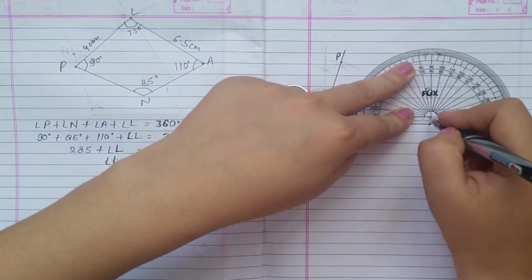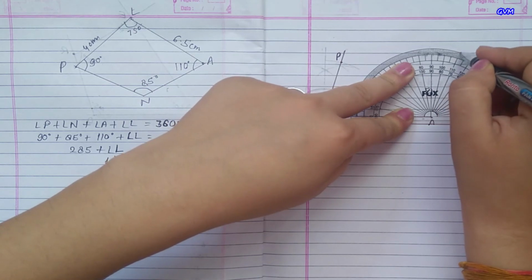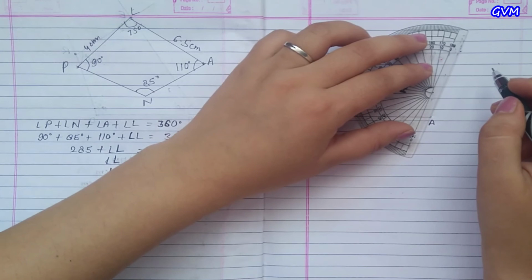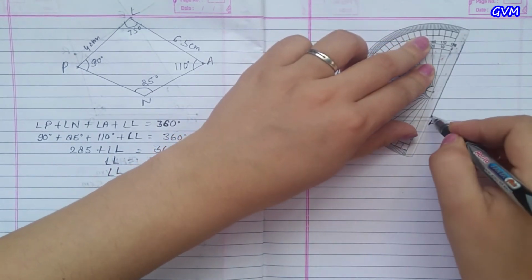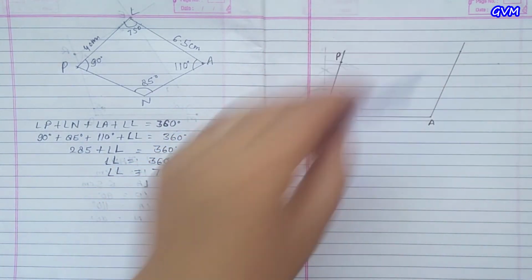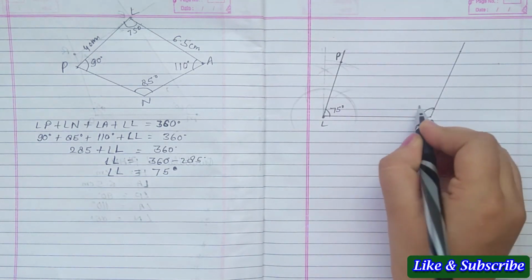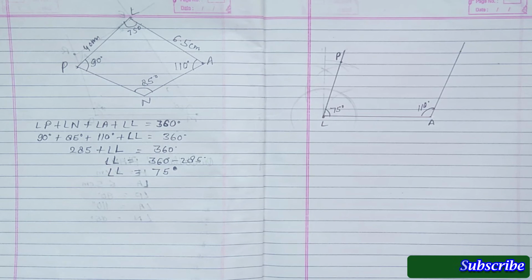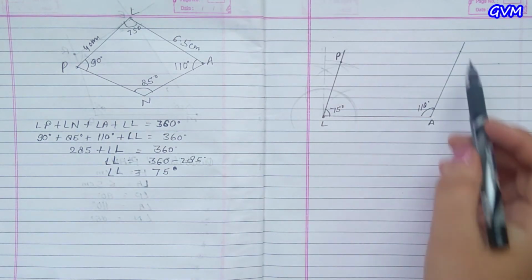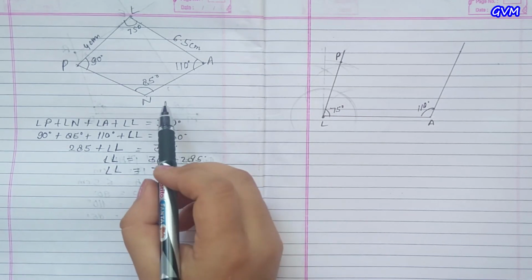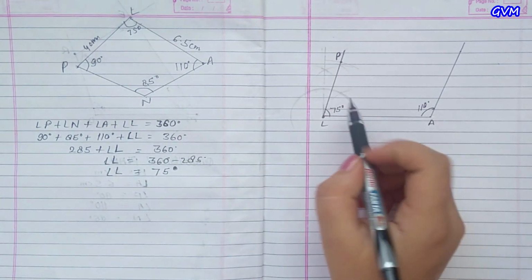Okay, now from here we need 110 degree. So this is 110 degree. Join these 2 points. Okay, so here we have a 110 degree angle. Now from here we cannot find out this point N because we don't have the measurement of this side.